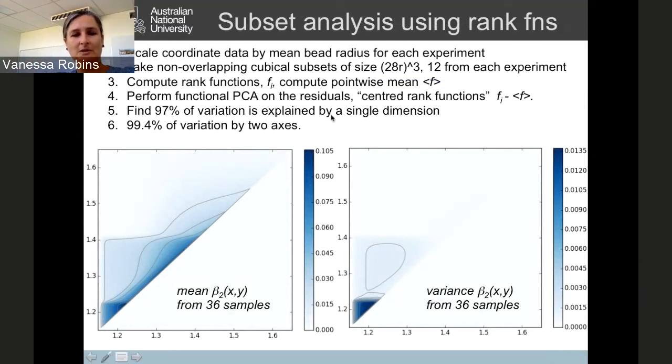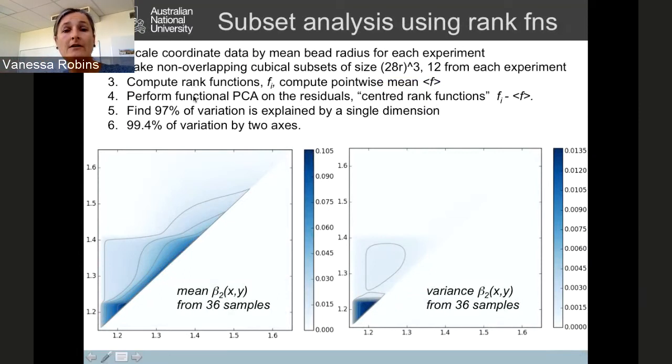Because we're just turning our persistence diagram into a function, and then we compute a pointwise mean of all those functions, and then we calculate the residuals, which is just the difference between each data function and its mean. And that's the sort of data we can do principal component analysis on. Okay. So PCA is really just about finding the dominant axes of variation in your data.